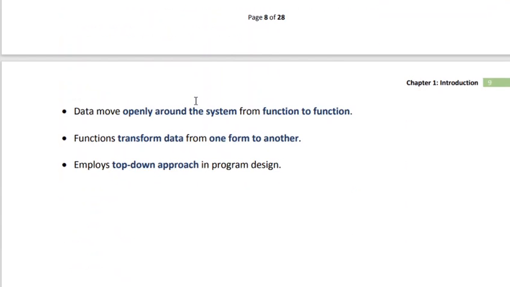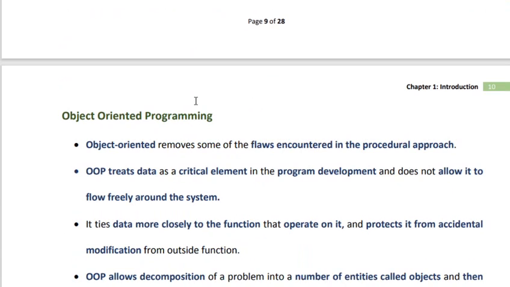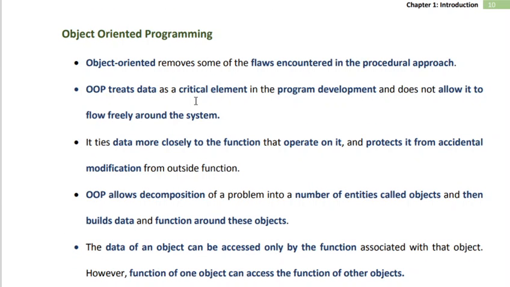Now let us move on to some of the aspects of object-oriented programming. Object-oriented programming removes some of the flaws encountered in procedure-oriented programming. One of the major flaws of procedure-oriented programming is that it is not capable of creating a complete compliance between the real-world entity and the logical interpretation of the problem. That is what object-oriented programming tries to address.